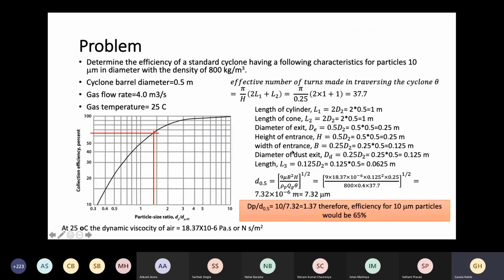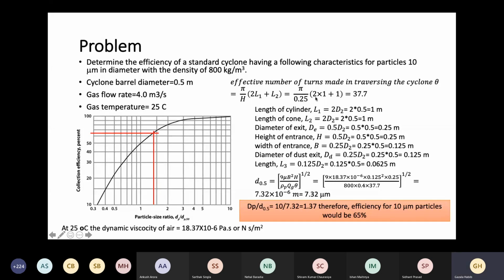So this is one example, and it's a very simple example. Here, determine the efficiency of a standard cyclone for particles of 10 micrometer in diameter with a density of 800 kg per meter cube. The cyclone barrel diameter is given, gas flow rate is given, and gas temperature is given.